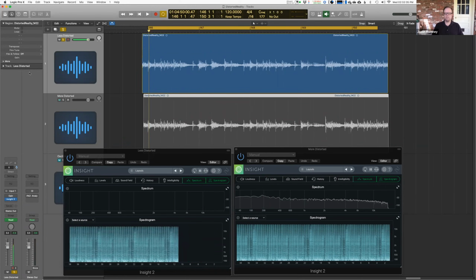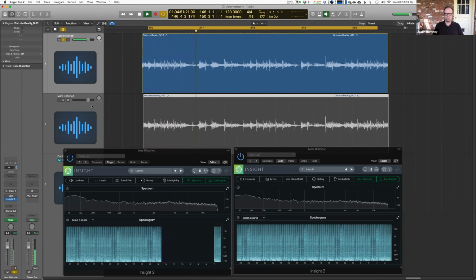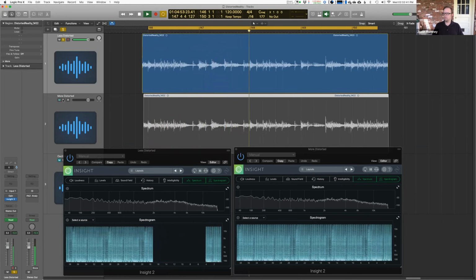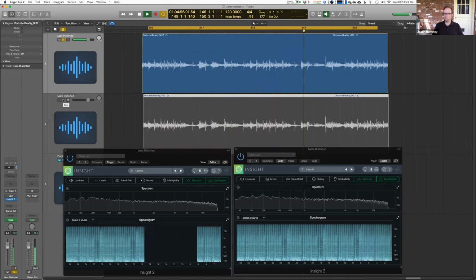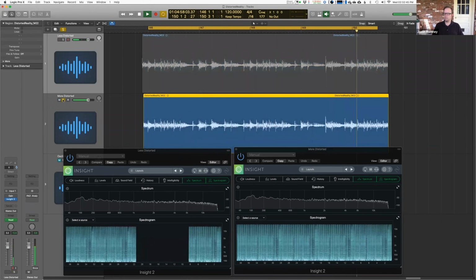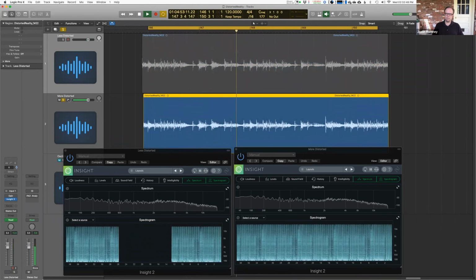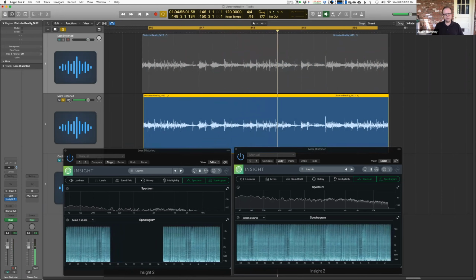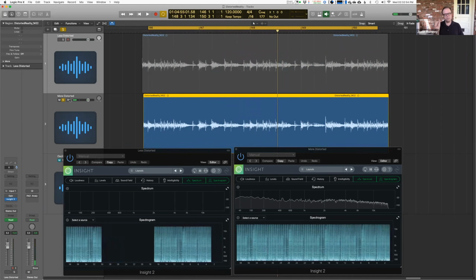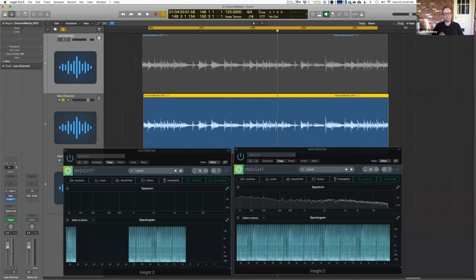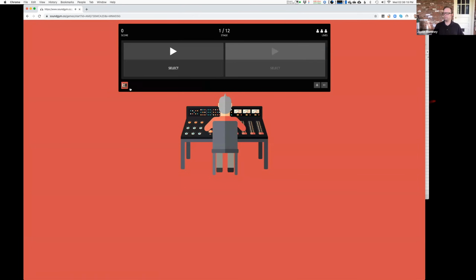It's the only thing I can hear that's different. So let's listen to it again and see if you can hear it. This is the less distorted. Now I'll switch. Okay, I don't know if you can hear that, but the tail of the snare drum is just ever so slightly messier on the more distorted one. It's the only thing I can hear. Okay, here we go.